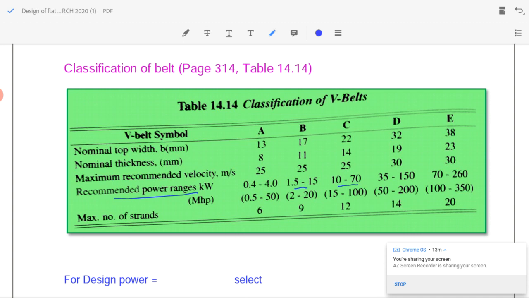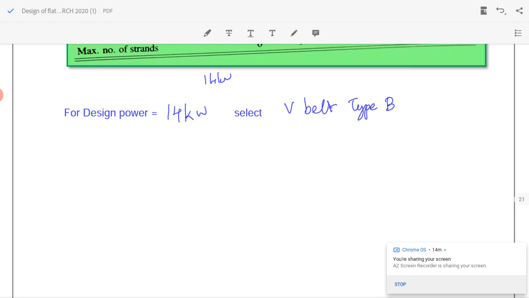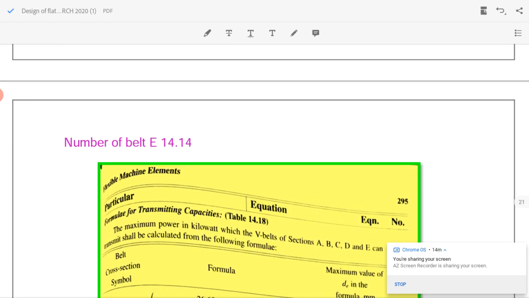Here I am selecting type B because my 14 kilowatts will be between 1.5 and 15 kilowatts. So for design power equal to 14 kilowatts, I am selecting V belt type B. So this completes the first step.